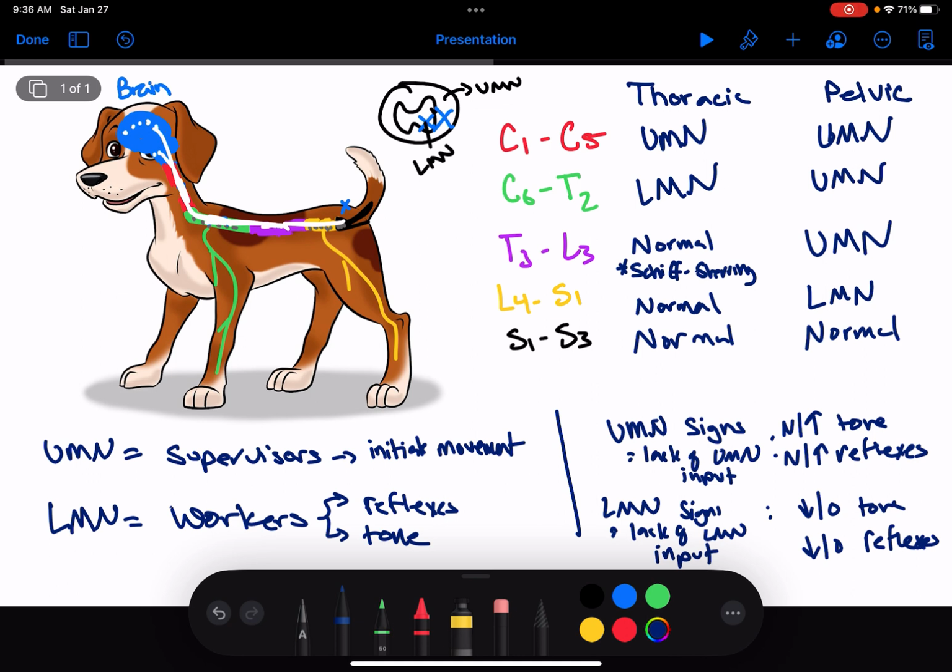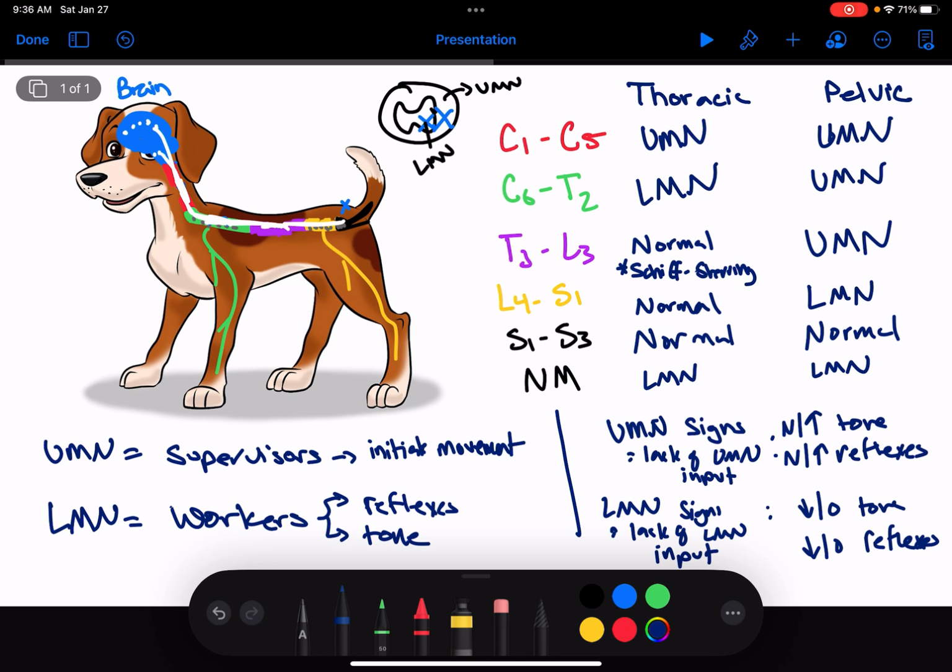Now, let's talk about one other situation, and that's going to be lower motor neuron disease. So when I have systemic lower motor neuron disease like botulism or something affecting the neuromuscular junction, and we're going to call that neuromuscular disease, what you might see in that scenario is lower motor neuron signs in both limbs.